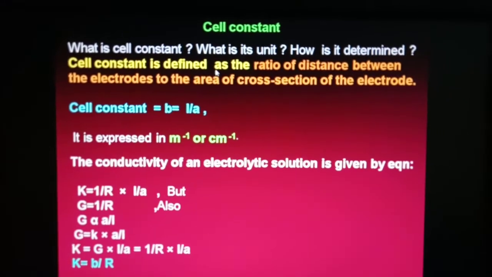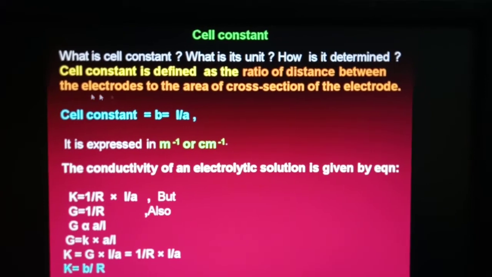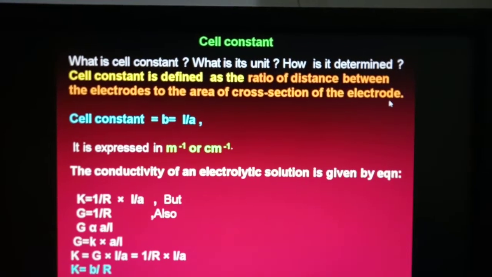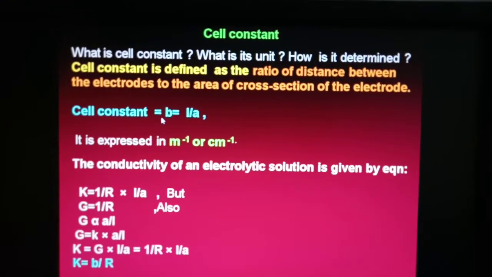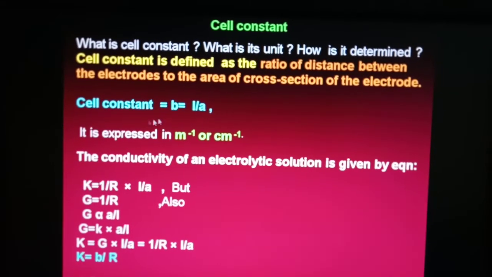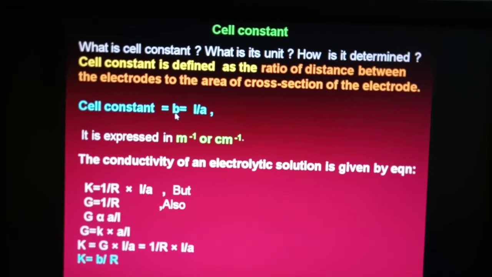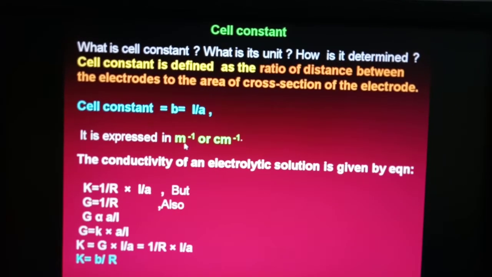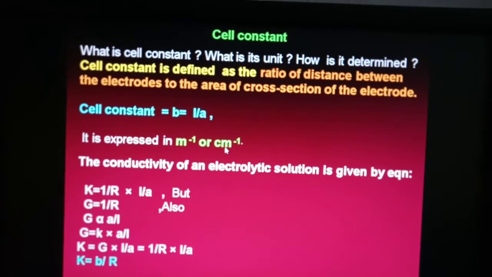The cell constant is defined as the ratio of distance between the electrodes to the area of cross section of the electrode. Cell constant is equal to small b is equal to L upon A. That means cell constant is indicated with small letter b. In order to express cell constant, per meter or per centimeter is used.